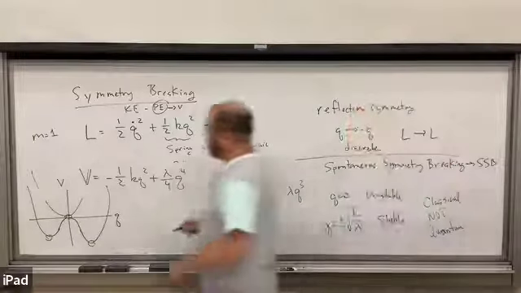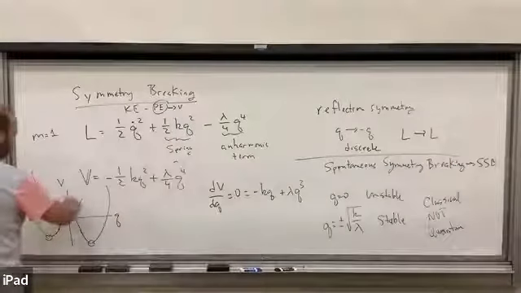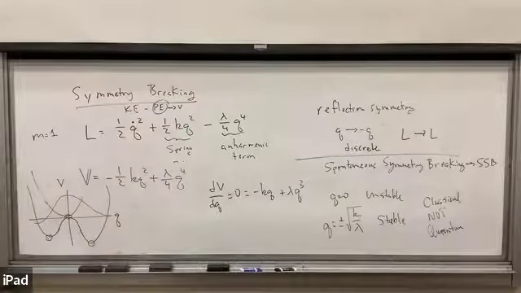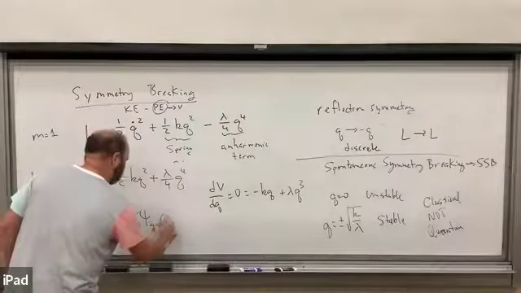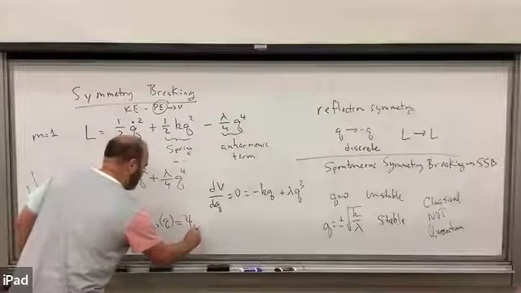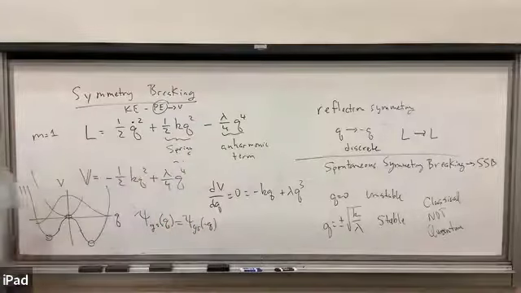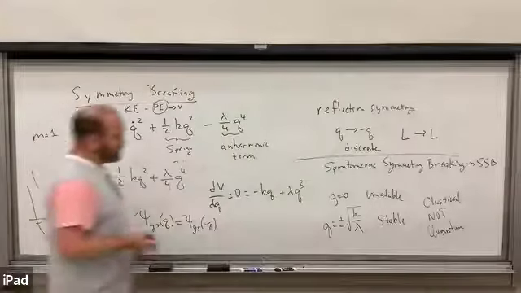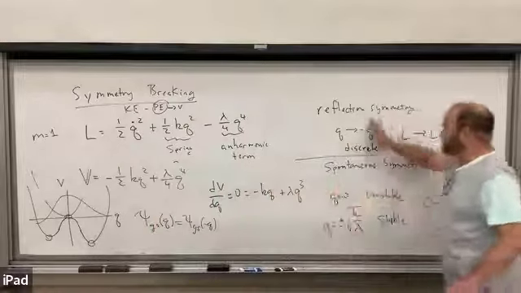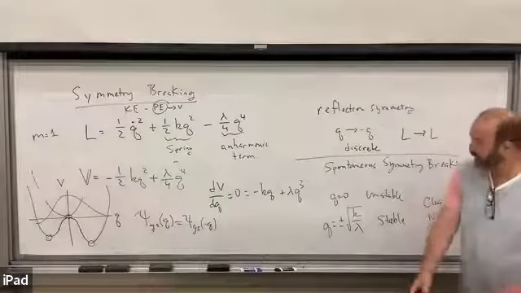The ground state wave function will still look something like that, and so that still has the symmetry. The ground state wave function at q is equal to the ground state wave function at minus q. So in some sense, quantum mechanics doesn't taste the symmetry breaking, because the wave function still respects that symmetry, even though the Lagrangian that it comes from doesn't. But again, all these discussions here are purely classical.